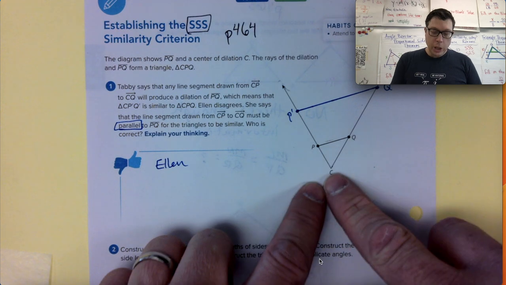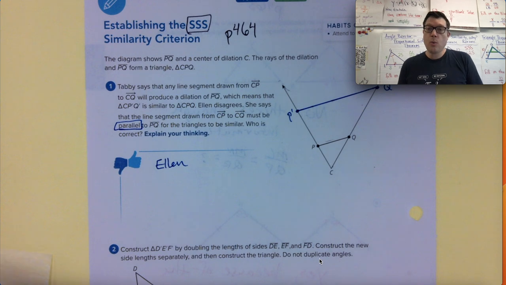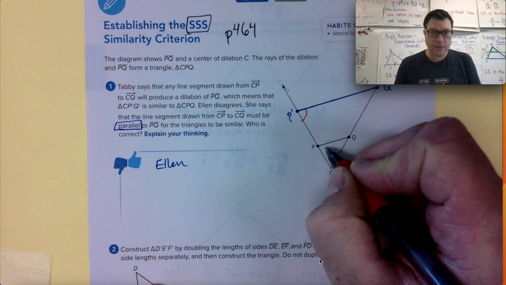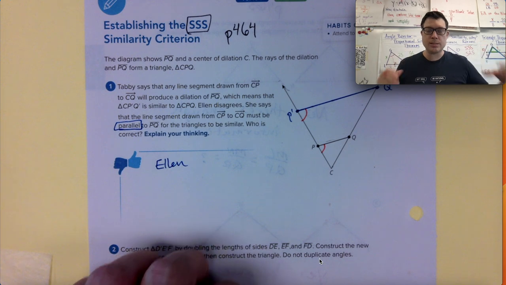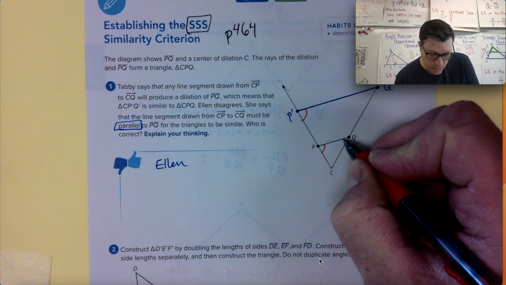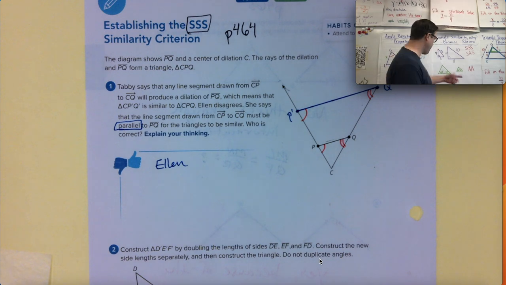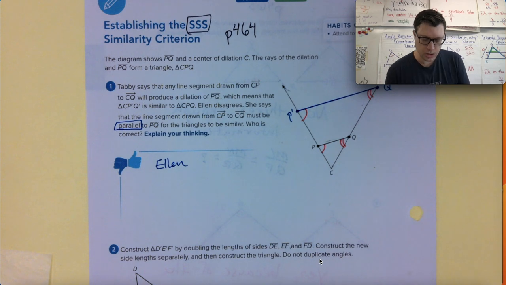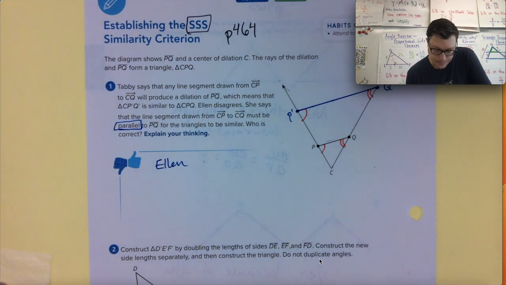So this bigger triangle is made up of three angles, and because of the way I constructed the parallel lines, angle P prime is the same as angle P. You have to have angles that are the same size, measurement, in order for the triangles to be similar. And if I look at angle Q, double arc there, and angle Q prime, double arc there, those are two angles that are the same, and therefore by the angle-angle similarity criterion, small triangle CPQ is similar to big triangle CP prime Q prime.